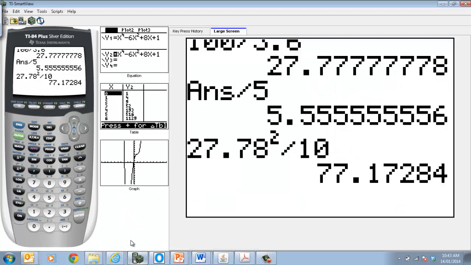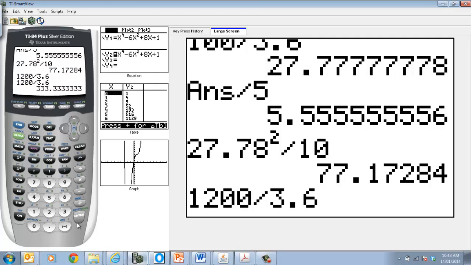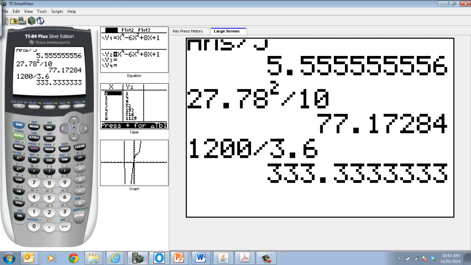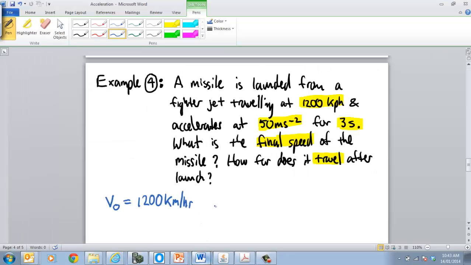So again, I can go to my calculator. 1200, divide that by 3.6 to convert that to metres per second, is 333.33 metres per second. We don't know our final velocity, so we just put a question mark there.